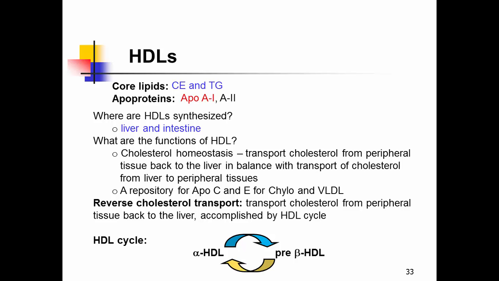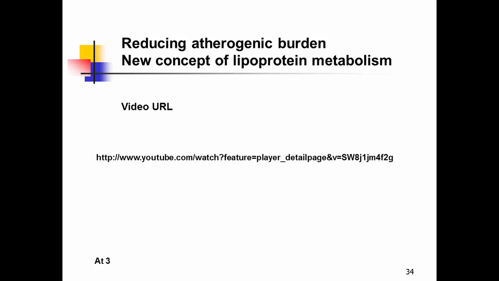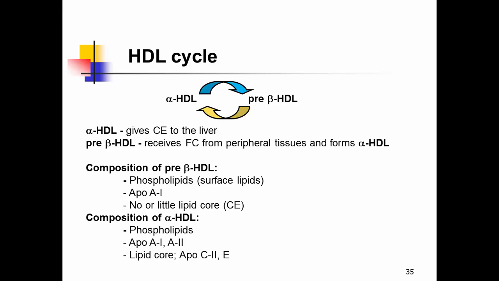They have different compositions of lipids as well as apoproteins, so these two types of lipoprotein can be converted into each other and change the composition of lipids to complete the transport of cholesterol. We can watch the video later. Let's look at the specific details.